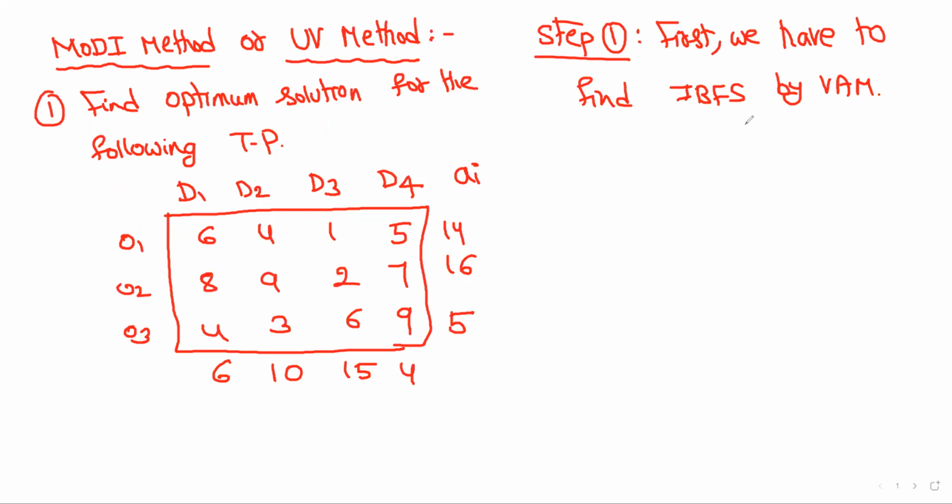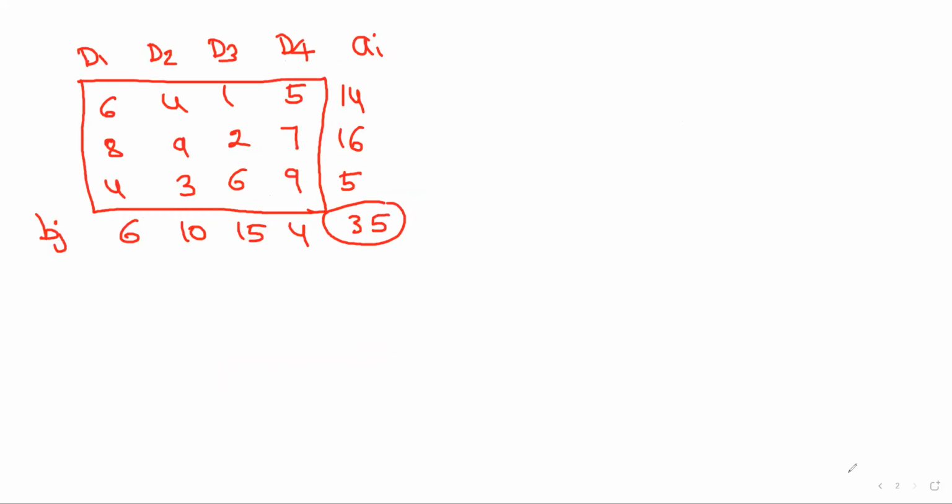Now first we find the initial basic feasible solution by VAM, give the penalties and solve it. I'm writing the final table directly. For 4, for 6 you got 4. For this you got 10. Here you got 15.